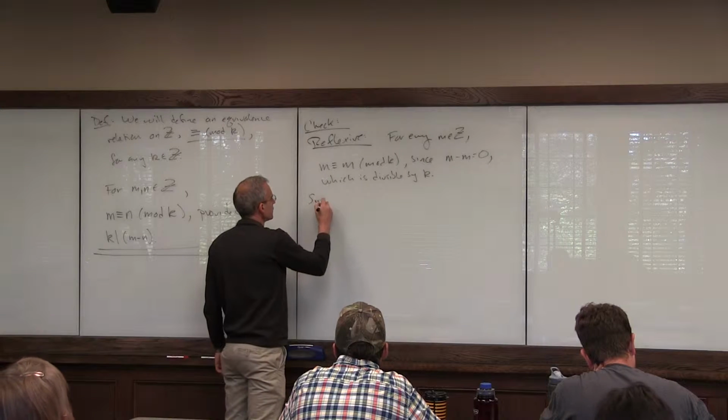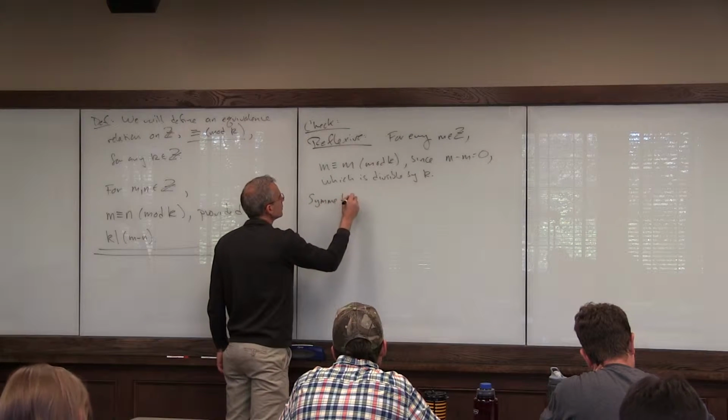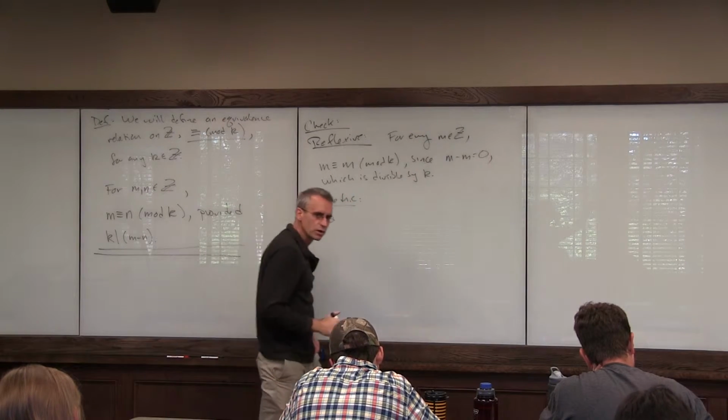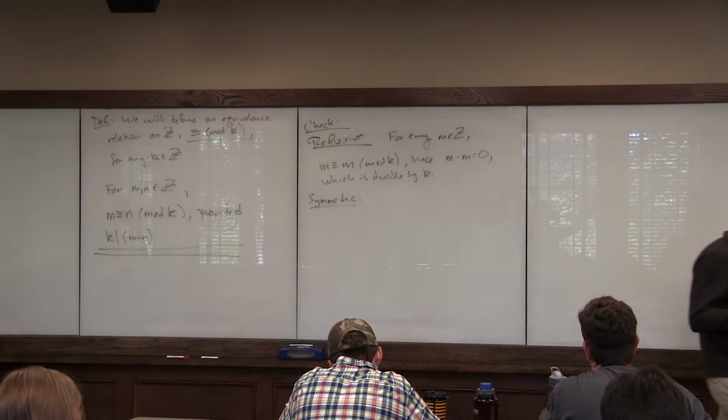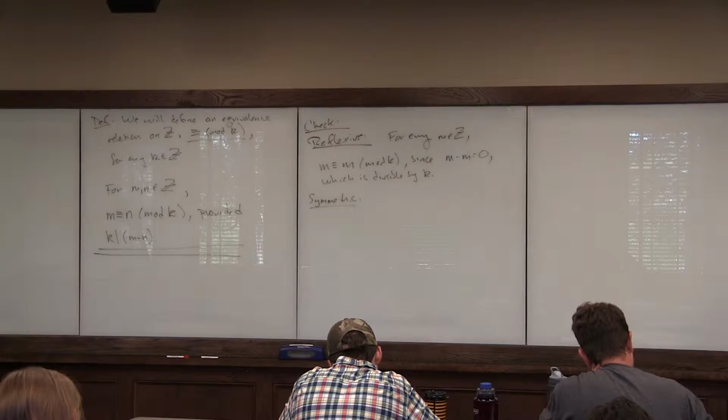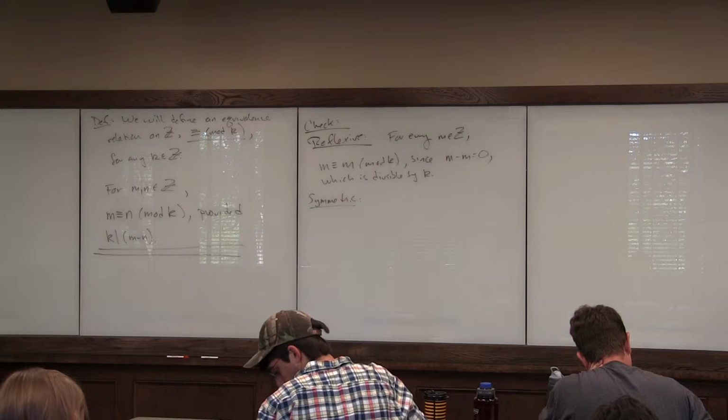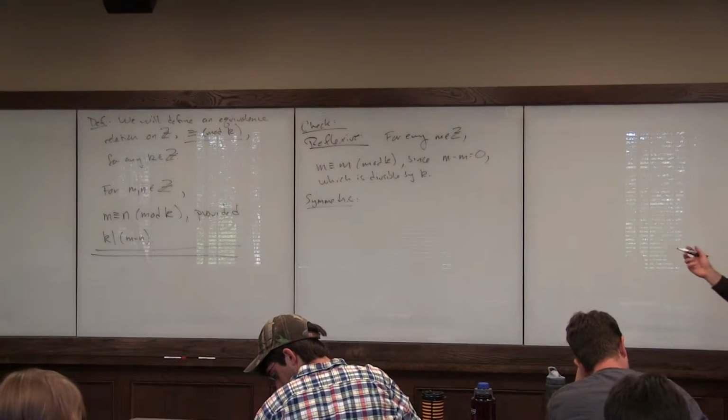All right, what about symmetric? So what's my opening line for symmetric? And I'll give you the opening word, suppose. Because symmetric is an if-then statement. So what do we suppose in this case?